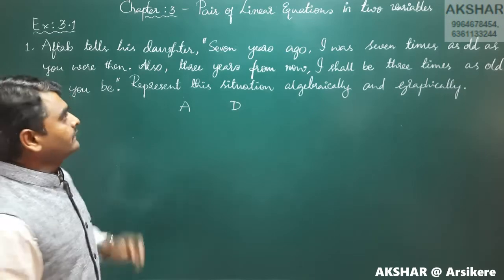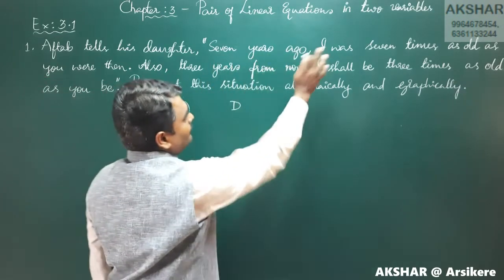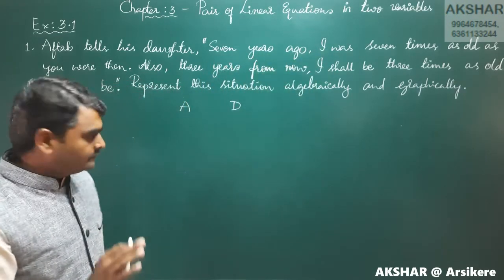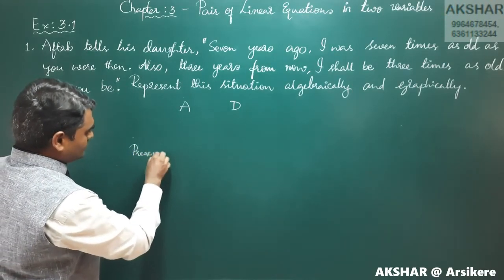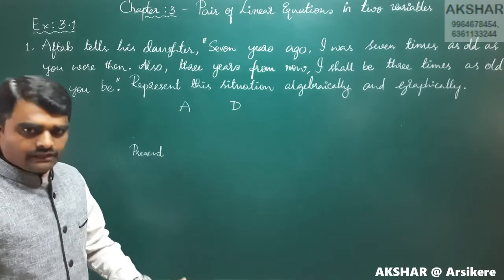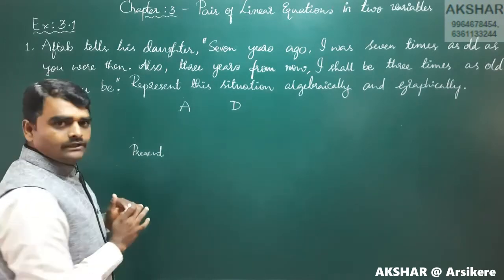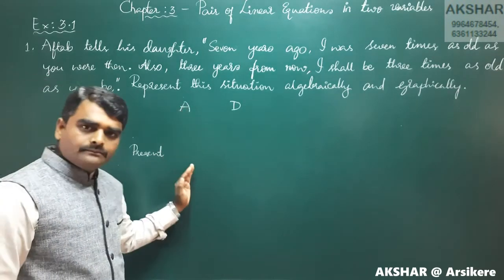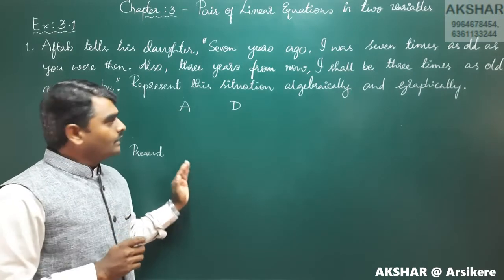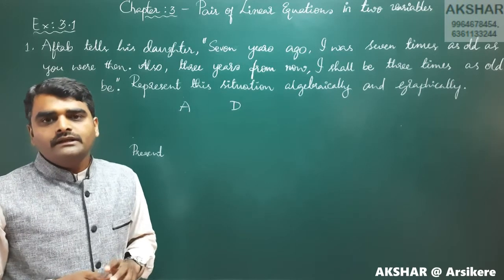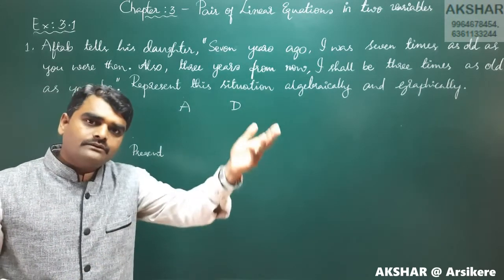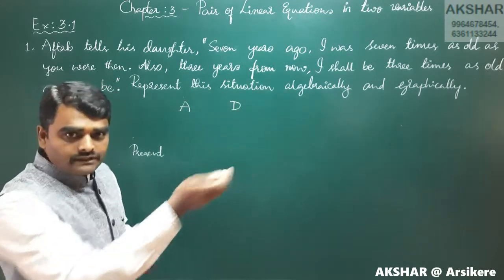This is the present situation. Now, what is the age of Aftab? We don't know. What is the age of his daughter? That is also not known exactly. Then how do we consider 7 years ago and 3 years later?